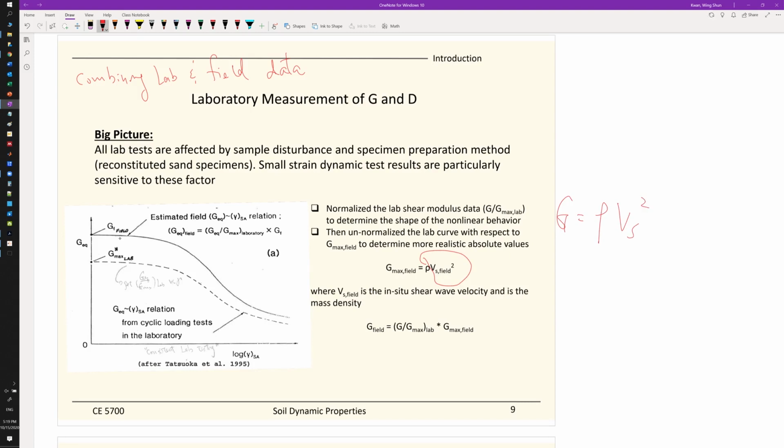This is our theoretical equation that relates the shear wave velocity to the shear modulus. So you can measure this and you know the density, then you can find out the Gmax. Because the shear wave velocity that we measure is at very small strain, this corresponds to shear strain almost equal to 0%. So this corresponds to the Gmax conditions. So that's why you can calculate this Gmax.